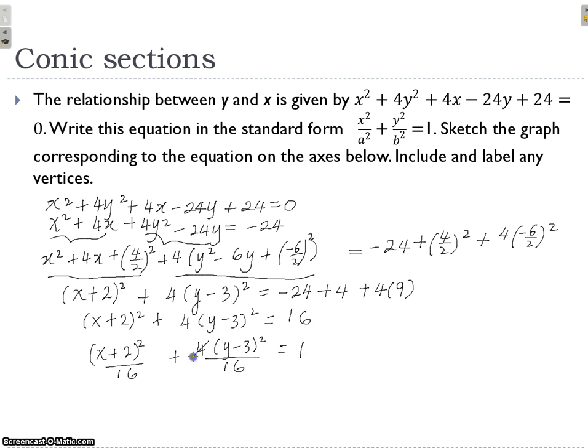We simplify this 4 and this 16, we get 4. So the standard form is a squared and b squared. So x plus 2 squared over 16, which is 4 squared, plus y subtract 3 squared over 4, which is 2 squared, equals 1. So this is the standard equation of this conic section with a equals 4 and b equals 2.